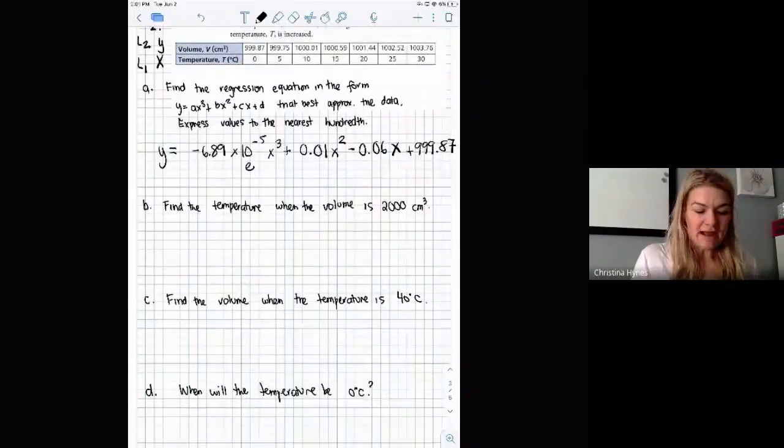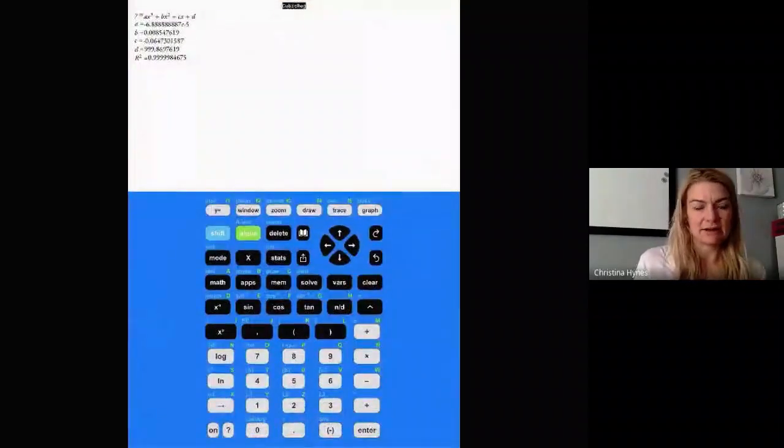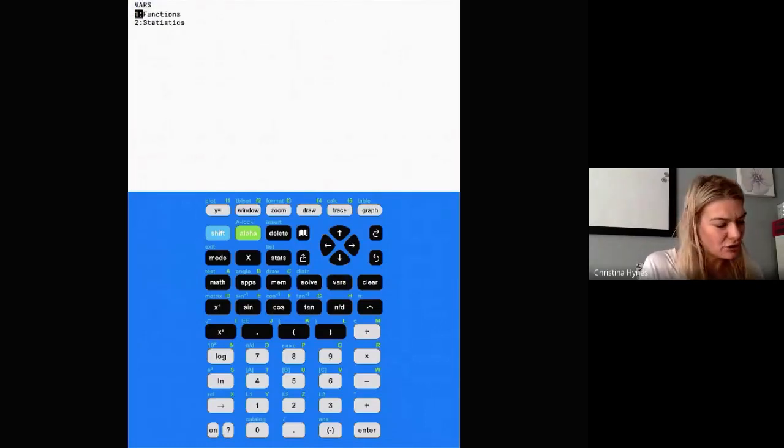Now they want us to graph this and answer the following questions. So I'm going to show you how to graph this into your calculator. You're going to go to your graphing calculator and press Y equals. You're going to clear whatever is there right now. For me, you can put it into either Y1 or Y2, it doesn't really matter. You're going to press VARS, then number 5, statistics.